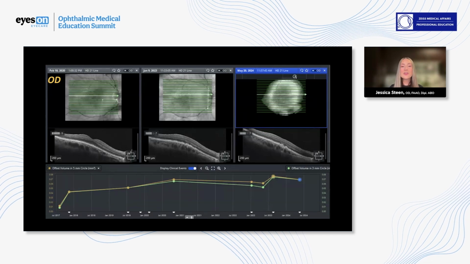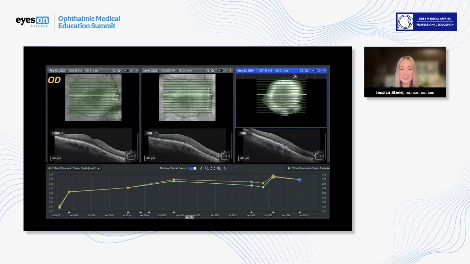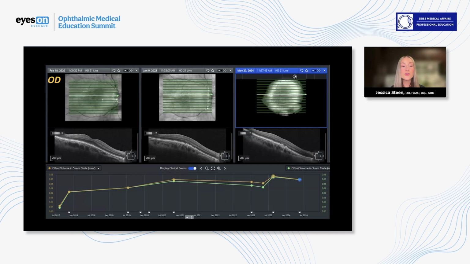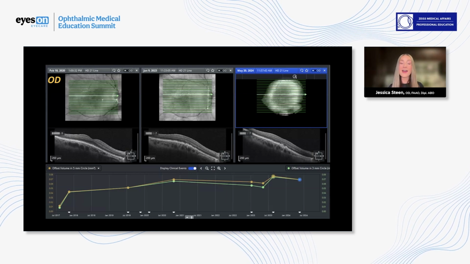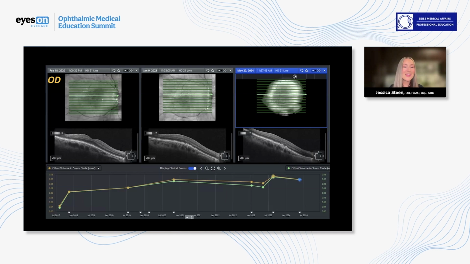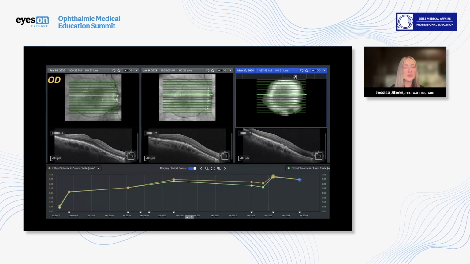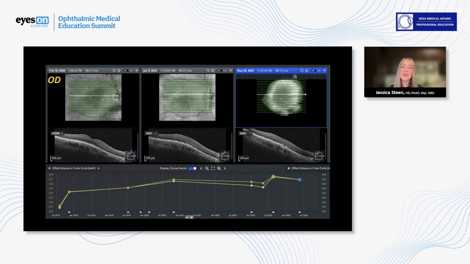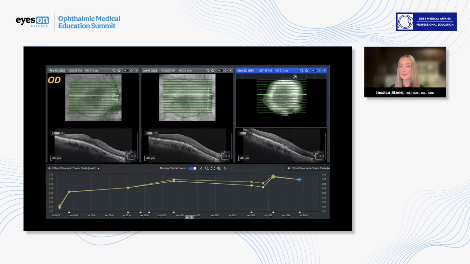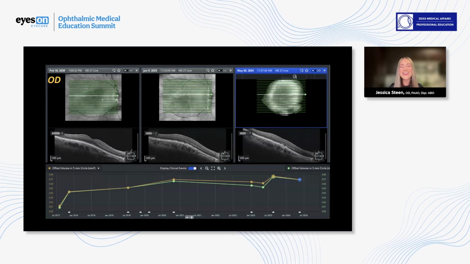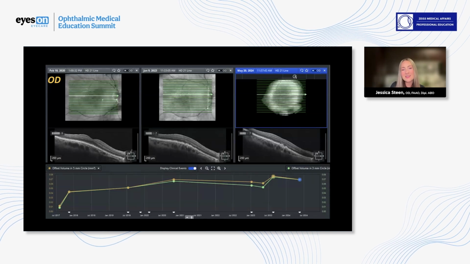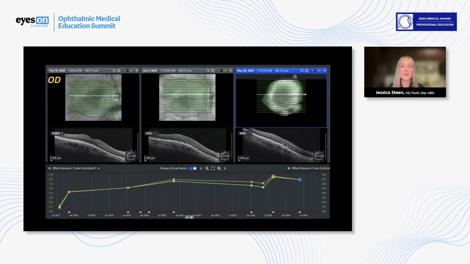Now, let's look at the progression more objectively. Once again, we see the drusen volume indicated by the RPE elevation in the 5 and 3 millimeter circle. In the right eye, this patient's drusen load started very close to zero, and we see that increase over time. Now, my biggest question in looking from 2023 to 2024 is, is this patient at their maximum drusen volume?